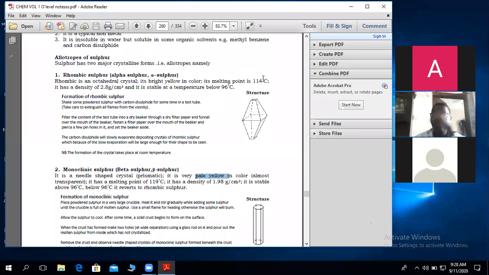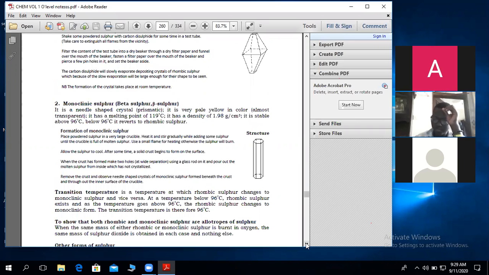The melting point for rhombic sulfur is 114, but the melting point for monoclinic sulfur is 119. But these are not important. What is important is the structure, octahedral for rhombic sulfur, and the temperature: rhombic sulfur is stable below 96 degrees centigrade. You see, I have to take a lot of time so that you understand that.